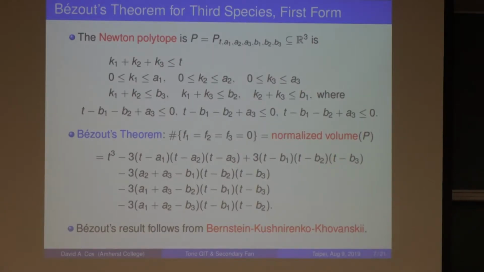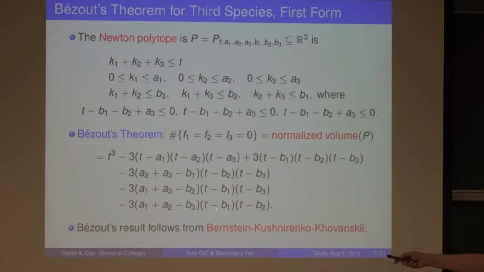So this is all sitting inside the big simplex of size t, and so he is absolutely describing a polytope here. And if I take 3 monomials, so his theorem is that if I take 3 polynomials of this particular species, this is the first form of the third species, then when you look at the number of solutions, assuming they're generic, it's given by this complicated expression.